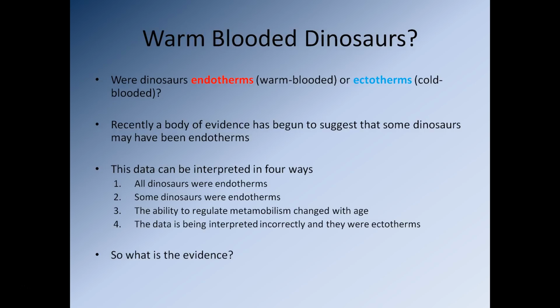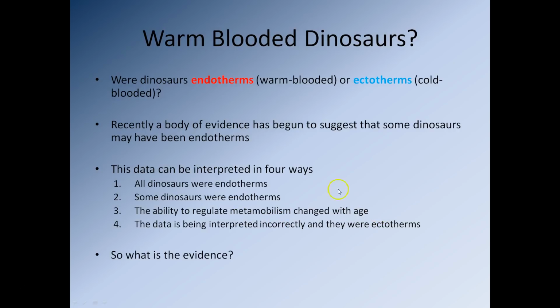So this data that's been collected can actually be interpreted in one of four broad ways. If you interpret the data as to suggest that the dinosaurs are warm-blooded, well, that might suggest that all dinosaurs were warm-blooded. The data could also be used to suggest that just some dinosaurs were warm-blooded. The data could suggest that maybe dinosaurs had the capacity to regulate metabolism change with age.